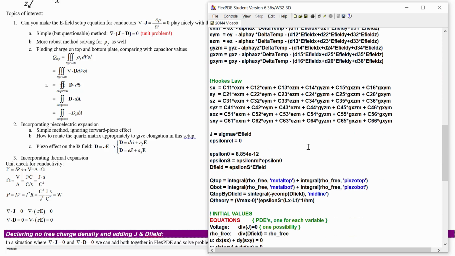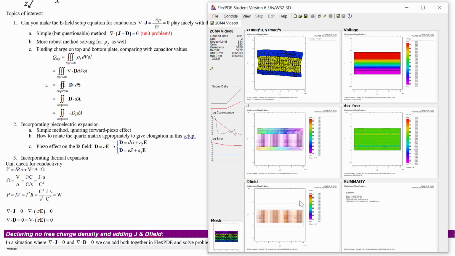Now, one thing that's not quite right about this setup now is the charge calculations. So with a piezoelectric material in the center, we have not just this inverse piezoelectric effect, that is where electricity creates stresses and strains in the material, but we have a forward piezoelectric effect where stresses and strains create charge displacement in the material.